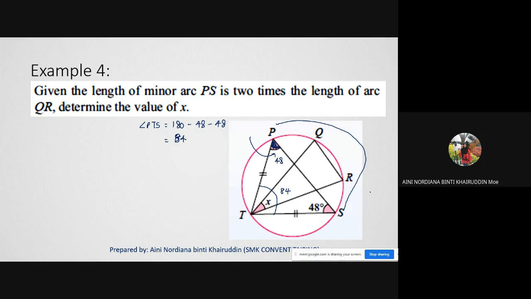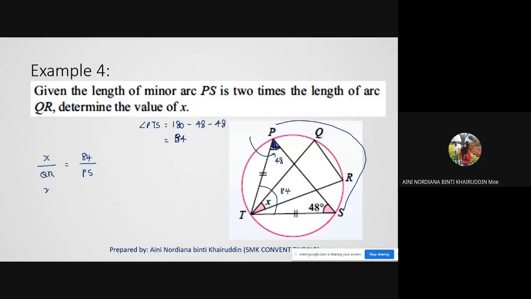You know that PS is double QR. So the angle of PTS also double. So to calculate the value of X, you just divide by 2. Or you can use proportional. X over QR equals to 84 over PS.